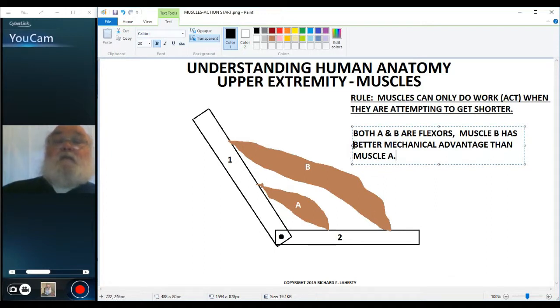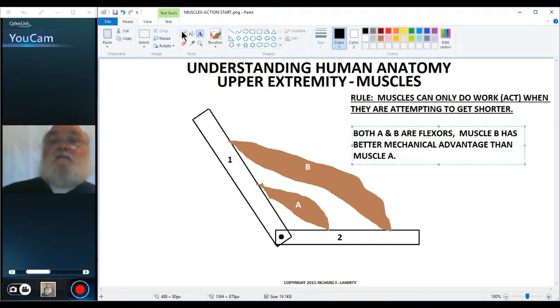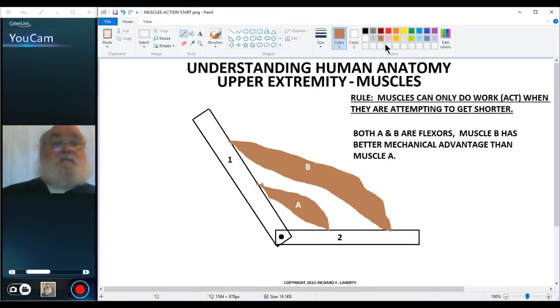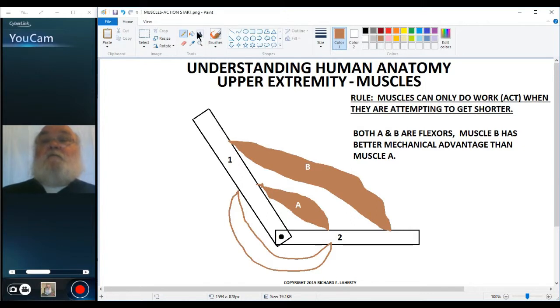Now, if we look at the other side, if we have a muscle back here that attaches to bone 1 and runs on the opposite side of the joint to bone 2. And again, we'll color it in.